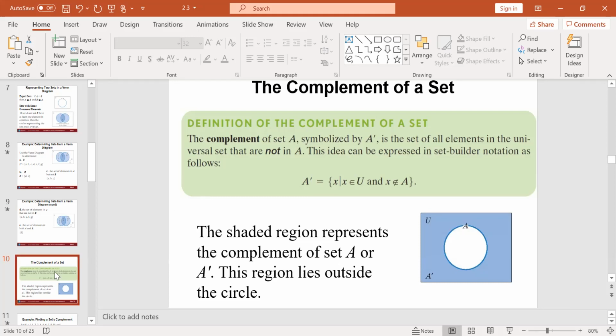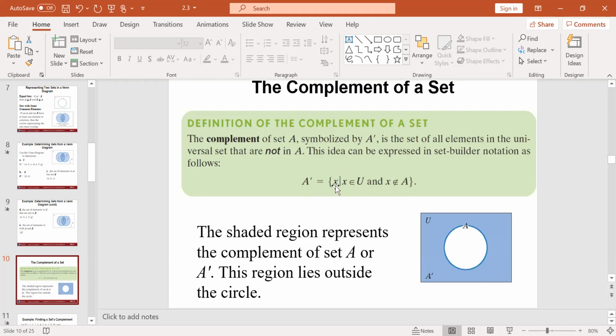Anywho, back to it. The complement of a set, which we've talked about, the apostrophe we put next to it, is the set of all elements still in the universal set. So everything still has to be in the universal set that are not in the set A. You can use this set notation, and it's a little bit cumbersome, but okay.